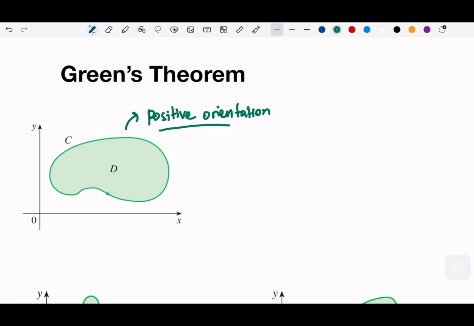This means the direction of the curve. I will write using this one. So single counterclockwise traversal or movement of the curve C.